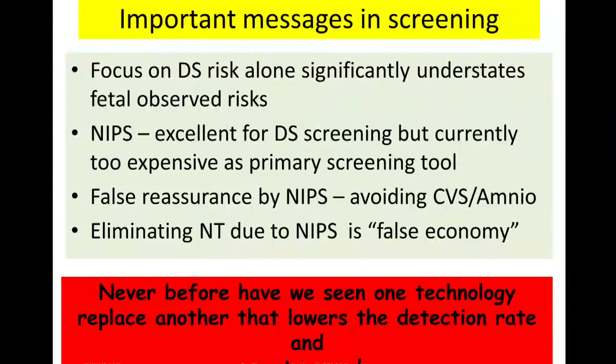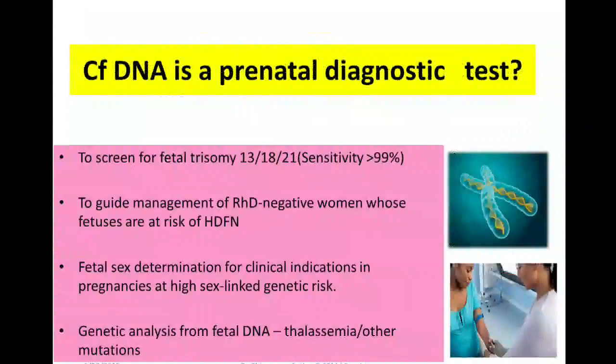Non-invasive prenatal screening is a very good screening for Down syndrome, but very expensive as a primary screening tool. And it's very driven by industry, where we see that a test with a lower detection rate and a higher cost is taking over a test with higher detection rate and lower cost, with this perceived sense of security that there is no added risk of miscarriage.